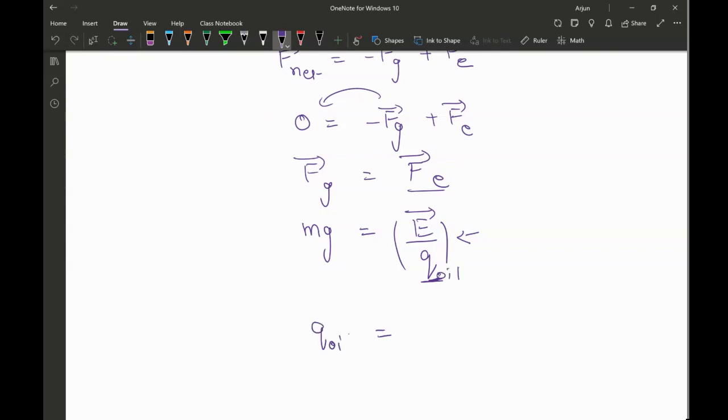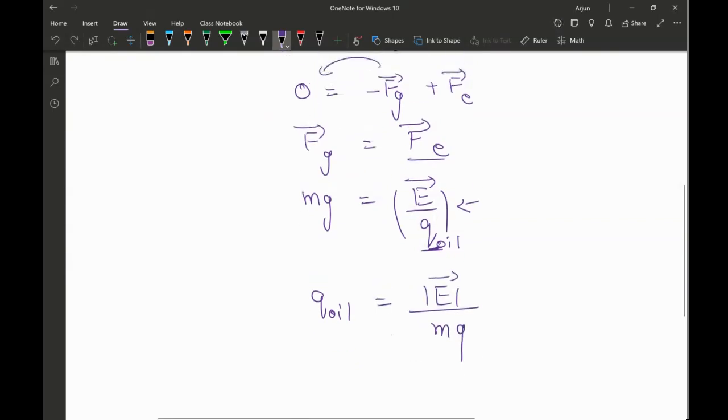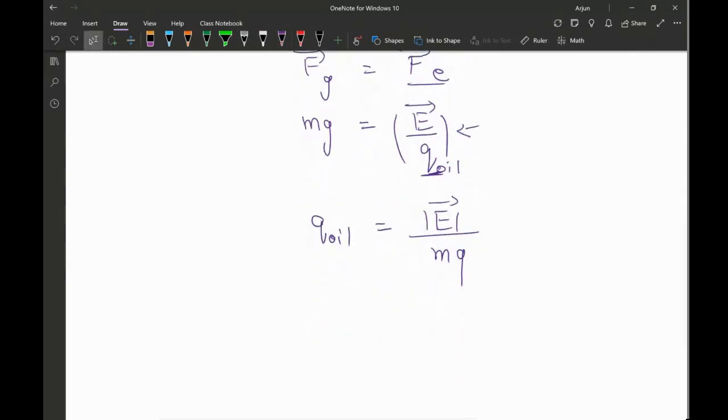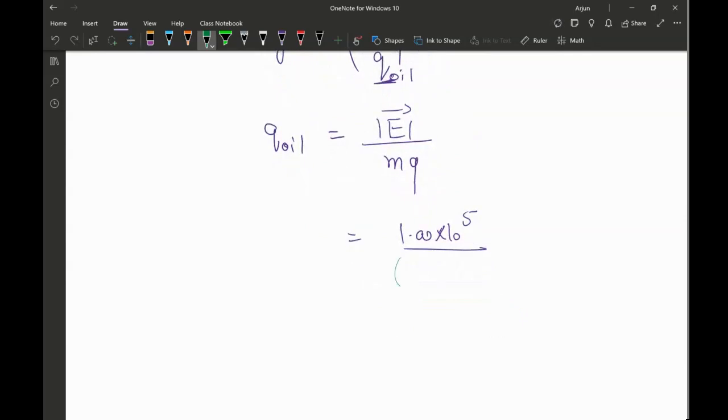So Q oil will be equal to E divided by mg, and the E value is given to me, which is 1.00 times 10 raised to the power 5, divided by the other values, which is mg.